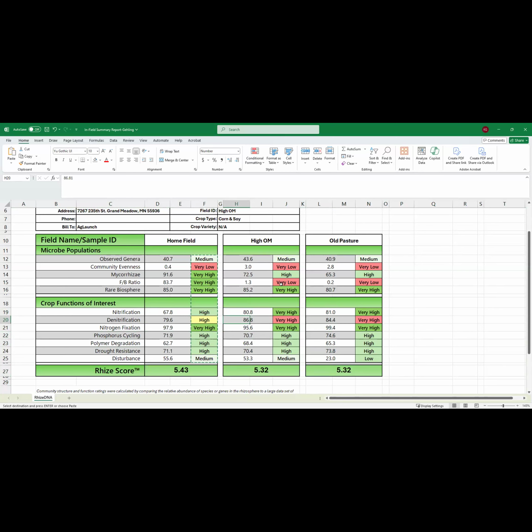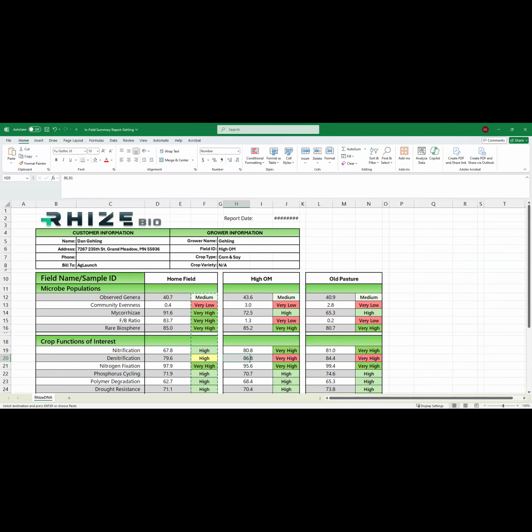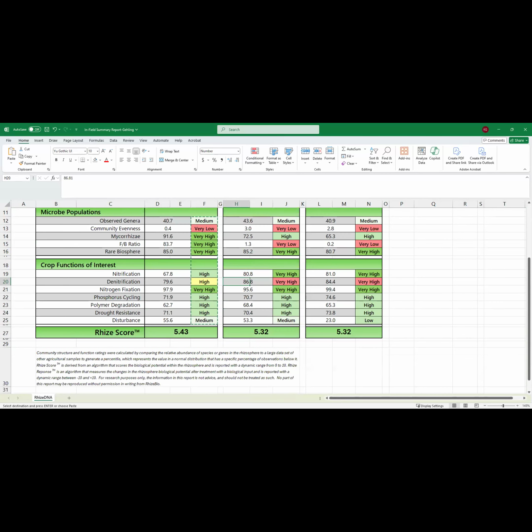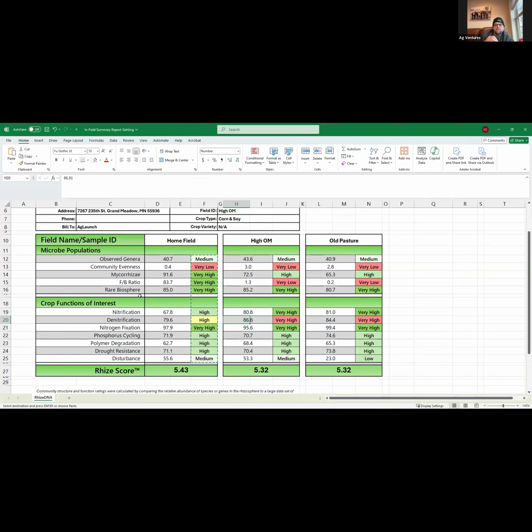There are some definite differences in genera and the fungal to bacterial ratio that lead to the differences in the scores, but across the board, we really like what we saw here. The fungal to bacteria ratio is what stood out in my mind. Do we know why the difference was there?